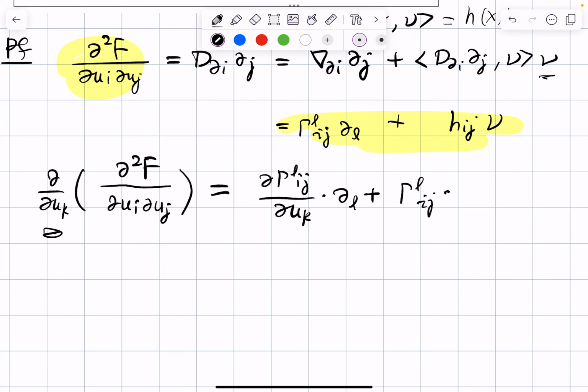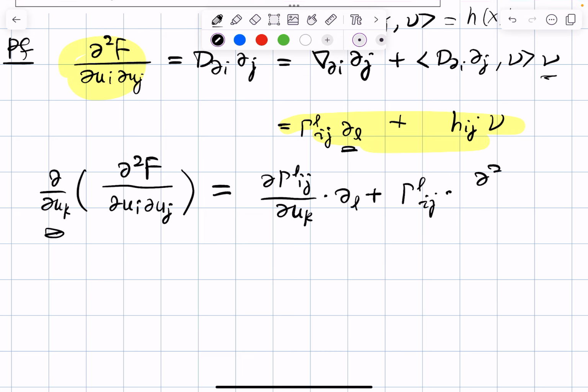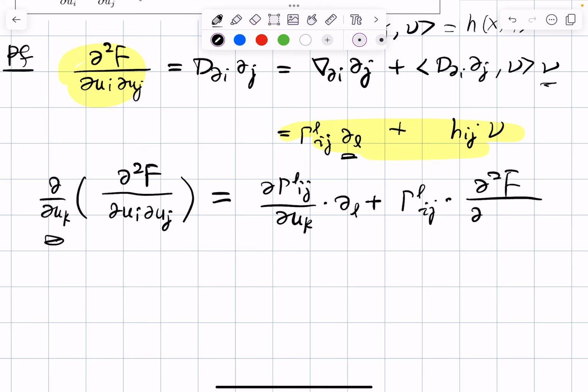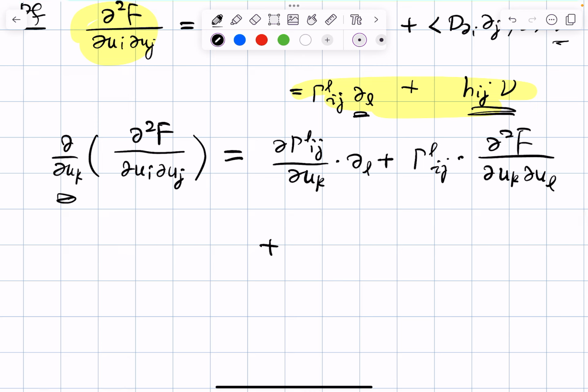And this is a second derivative of f. So you take partial uk, like partial ul, you get this one, right? It's by definition. And the second term, hij, partial uk, ν, plus partial ν, partial uk. ν is very hard to write.